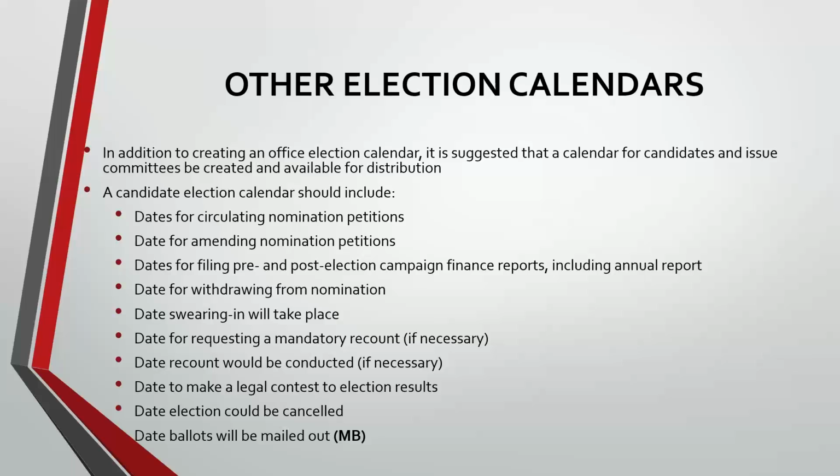The date for requesting a mandatory recount, which would be after the canvass, and all this is in state statute. The date to make a legal contest to the election results, which quite honestly, in all the years I've been working, I've never seen. The date you can cancel the election, and you explain the circumstances, the date the ballots will be mailed out if you're doing a mailed-out election.